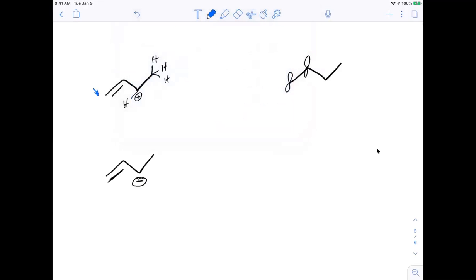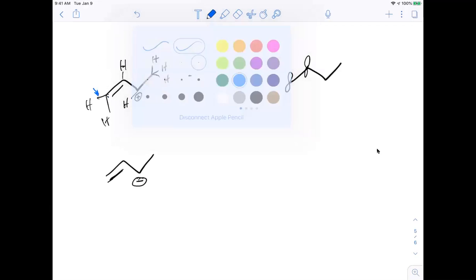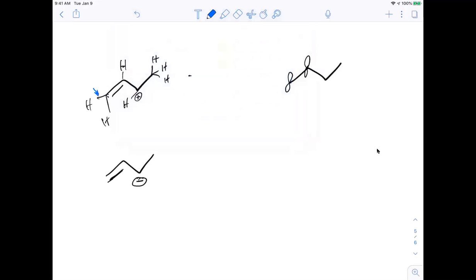Hybridization, what is the hybridization here? Well, I haven't shown it, so let's go ahead and show it. Okay, so we have two hydrogens there, hydrogen there, right? I know that because it needs 4 bonds. So 4 bonds, but one of them is a pi bond, so I have 3 things attached, no lone pairs. So that's sp2.